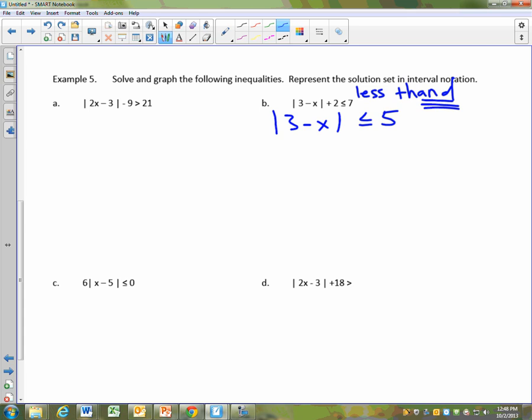So I can take off the absolute value signs. The only way I can take off absolute value signs is if I set up two inequalities. So I set up my two. One positive, one negative. Switch the sign on the negative.